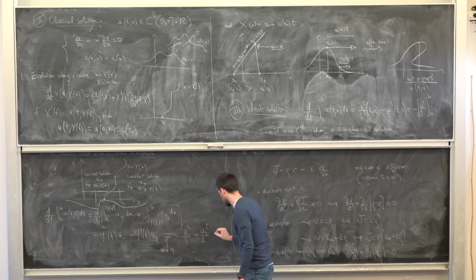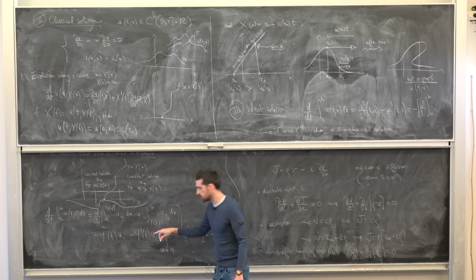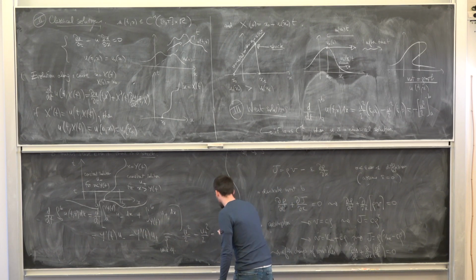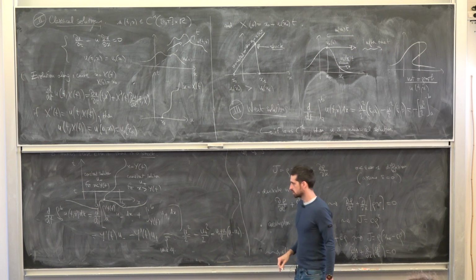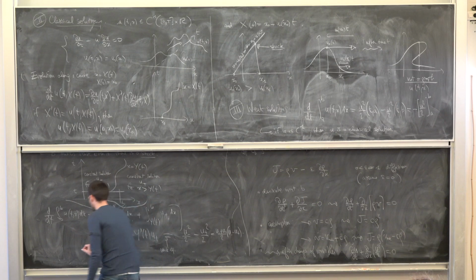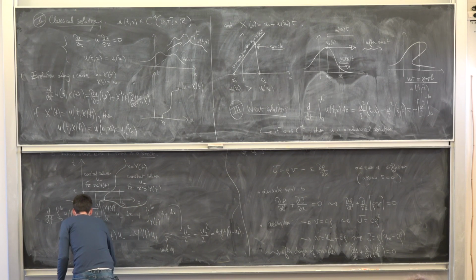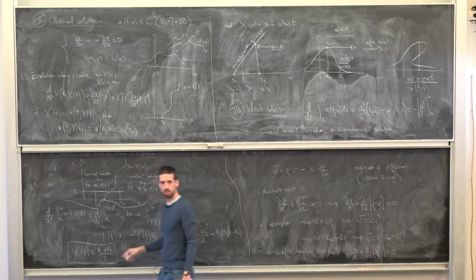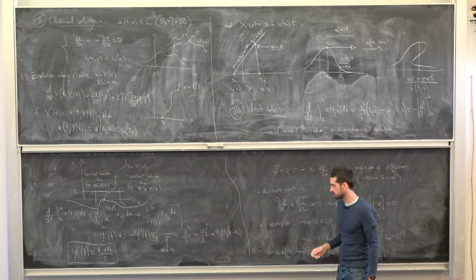Okay, so maybe you can write this as, you can factorize it here also: u minus plus u plus over 2 times u minus minus u plus. And then you can simplify by u minus minus u plus, and you arrive at the condition that y prime of t should be equal to the average of the values on both sides.